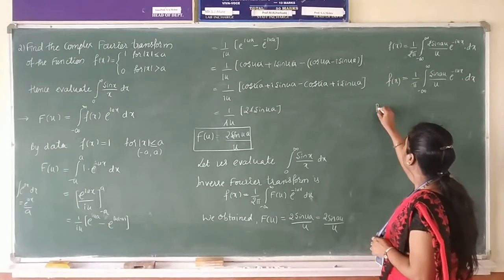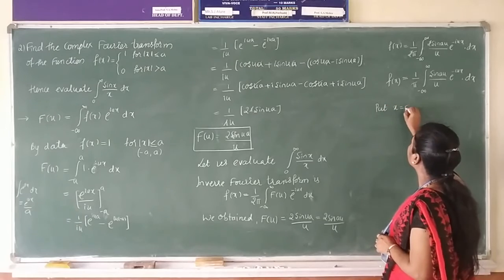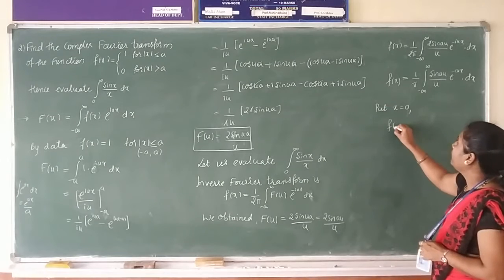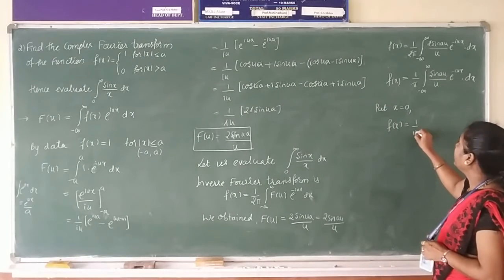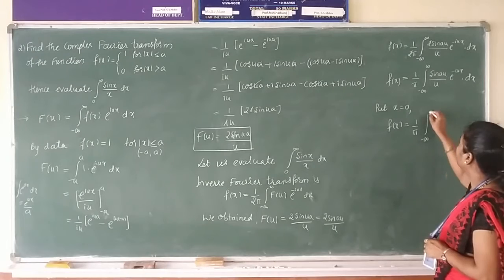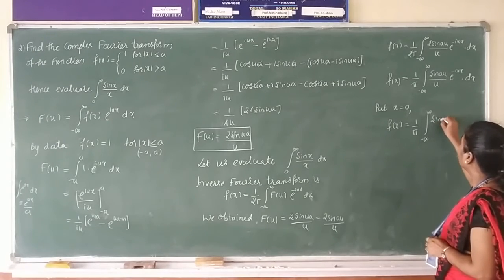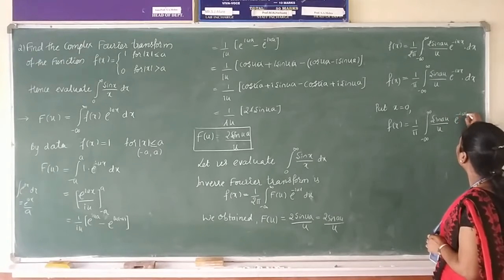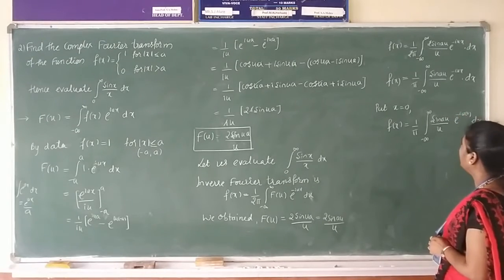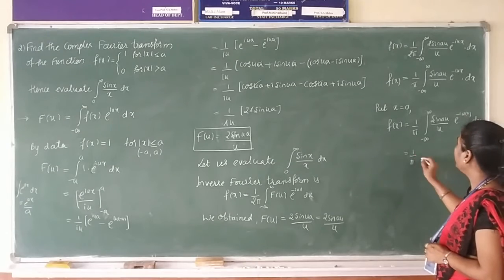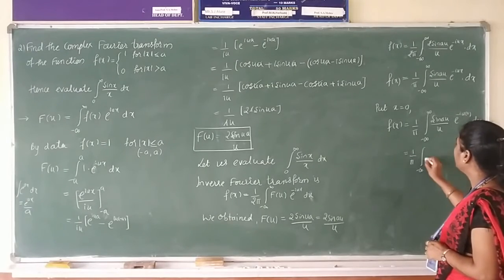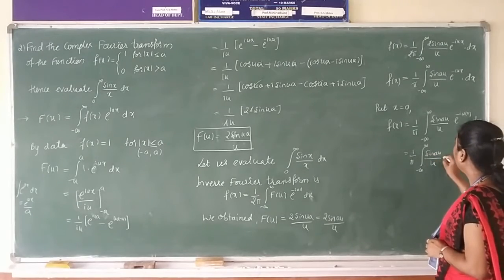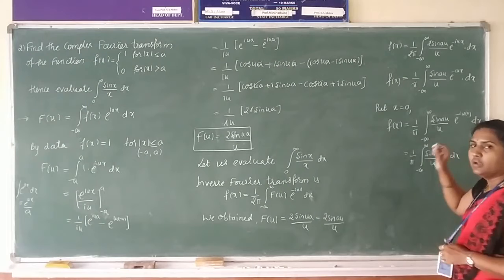Now I am going to put x equals 0. Putting x equals 0, we have f of x equals 1 upon pi integration minus infinity to infinity sin au upon u e to the power minus iu into 0 into du. That equals 1 upon pi integration minus infinity to infinity sin au upon u into 1 into du. How is it 1?